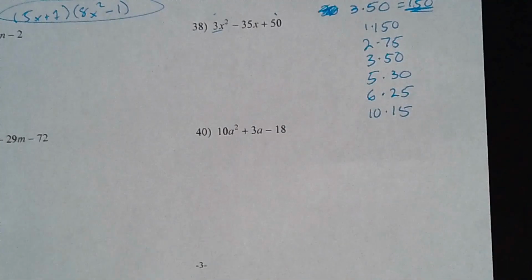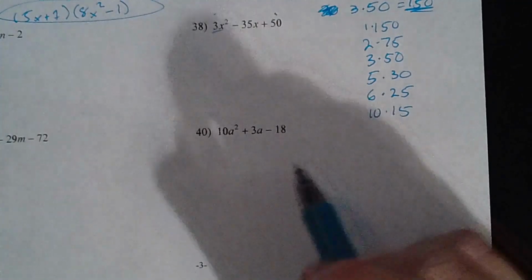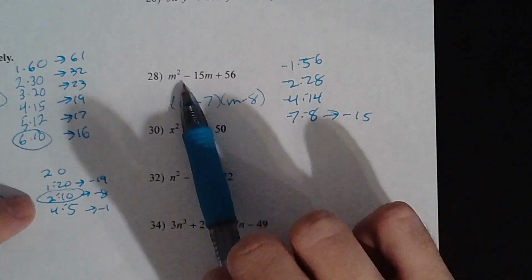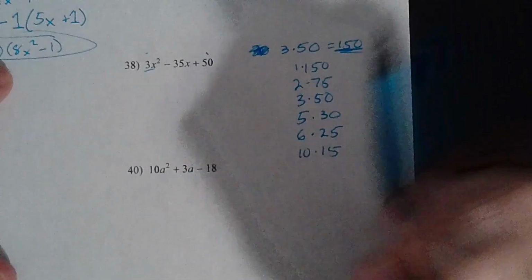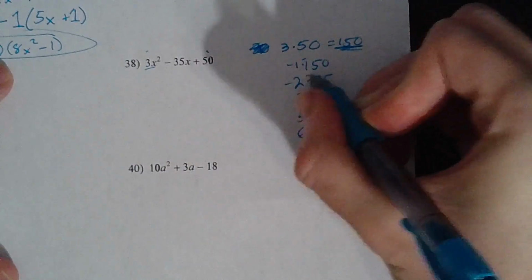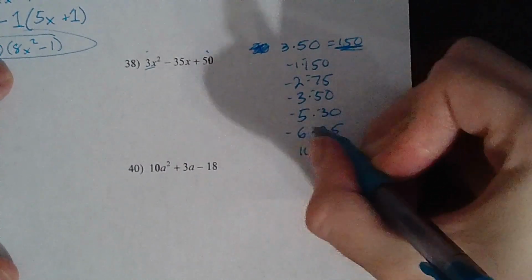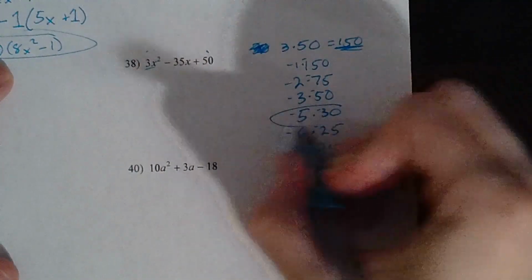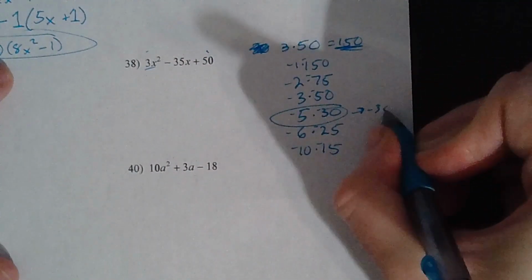Nothing else works. All right, so there we go. And again, just like number 28 up here, we just did, it multiplies to a positive and adds to a negative. So if it multiplies to a positive and adds to a negative, they're both negative. And the one that adds to negative 35 is right here.